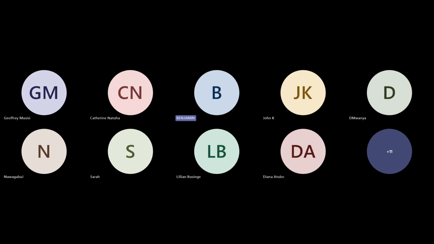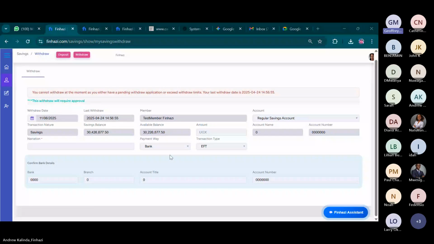Geoffrey, I've lost Andrew. I'm trying to reach him. He should be in position to answer you. Yeah, sorry about that. I got an issue with the connection. But yes, I missed Geoffrey's submission. What I was saying is on the loans tab, I would expect that when a member accesses his account, he should be able to see both products displayed.